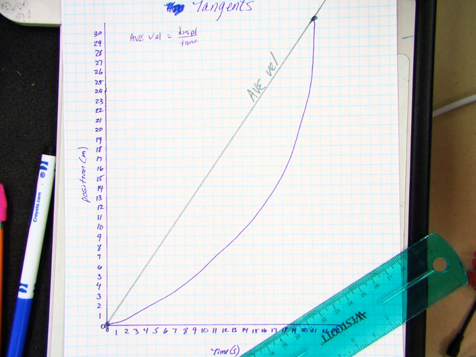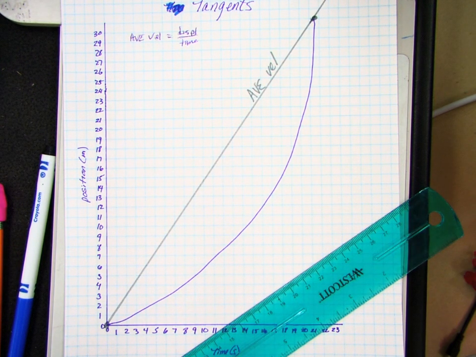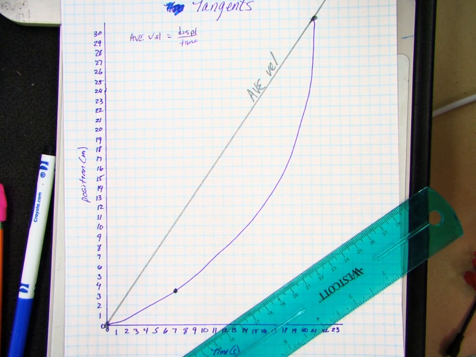How many places are we finding the tangents? Well, let's do 4 tangents. So let's find my tangent at 7 seconds.